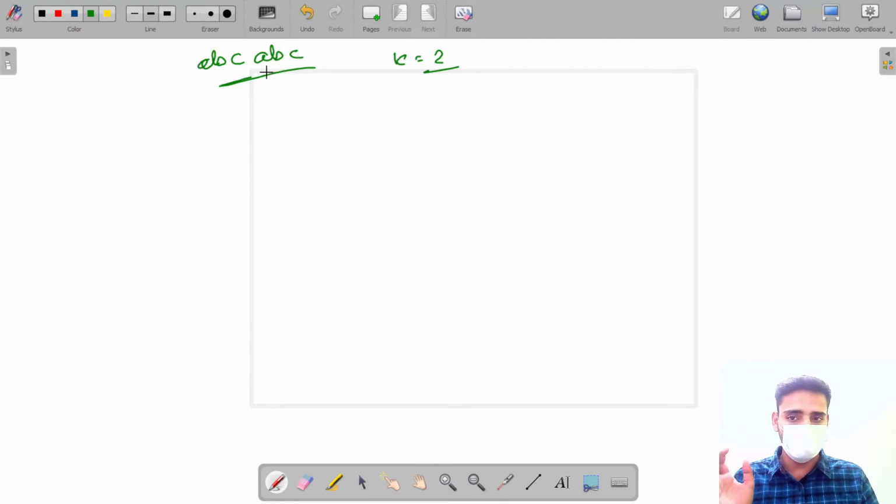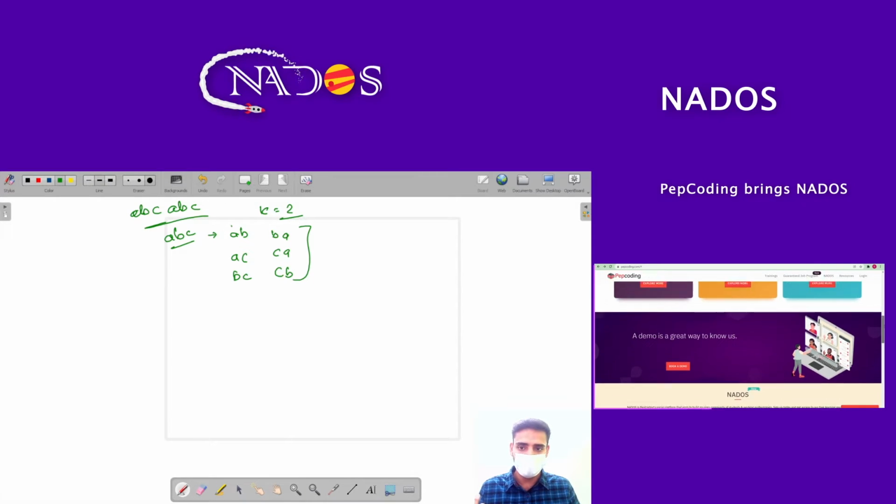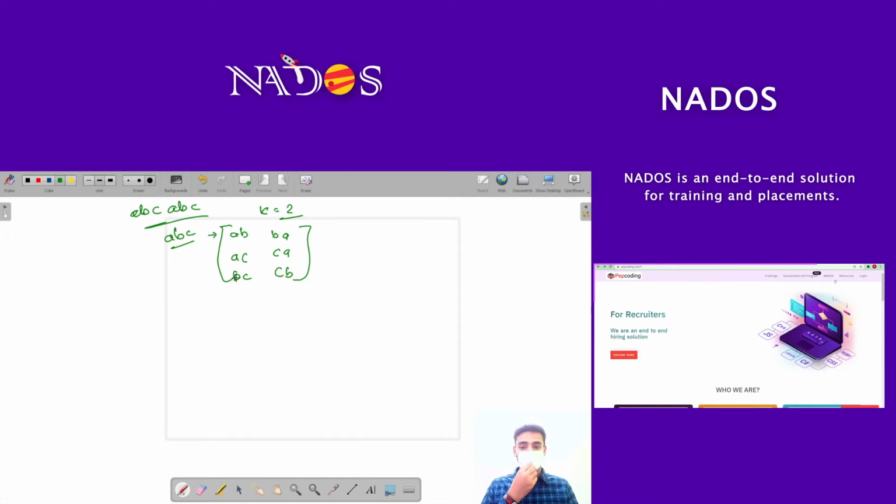This string has a lot of duplicate characters, so we need a unique string, which consists of every element only once. So this is ABC, and we have to pick two characters out of it and make our answer. The possible answers are AB, AC, BC, BA, CA and CB. These 6 answers are possible.